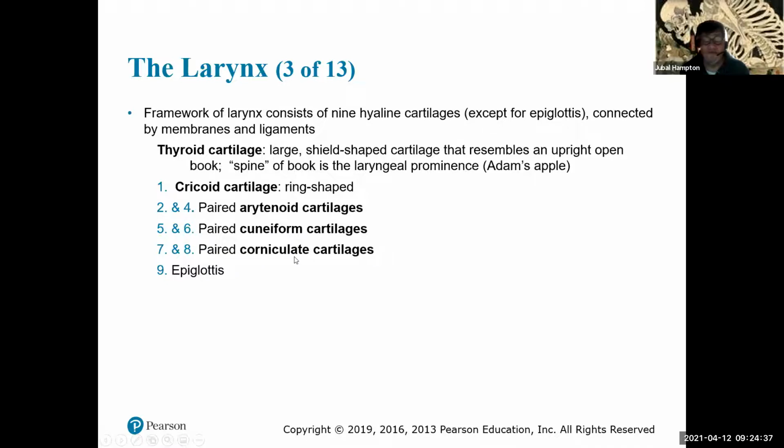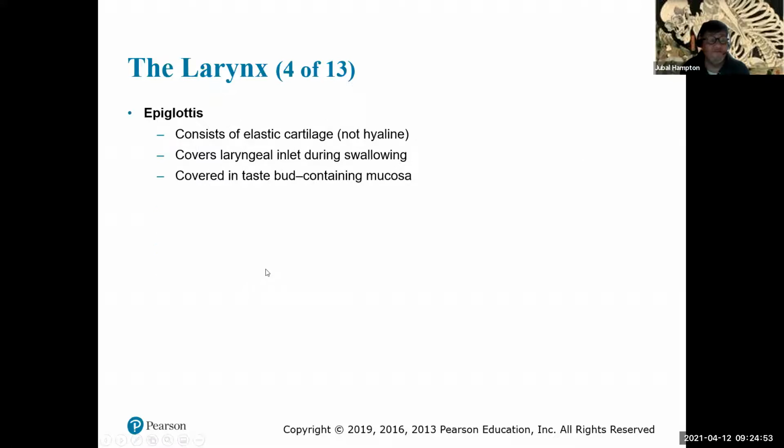So the two types of cartilage in the larynx are going to be the epiglottis and the corniculate. Everything else is hyaline. And of course, here's our epiglottis. Again, elastic cartilage, just as it says here, not hyaline. All right.